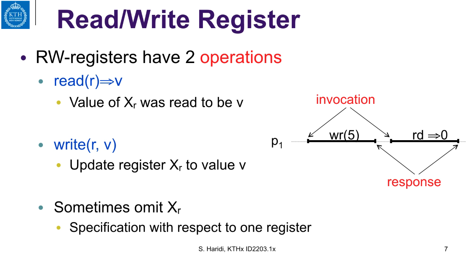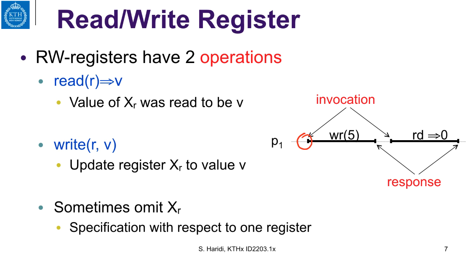In that context, these operations are not atomic. A process that requests to read a value will invoke a read operation, and a process that requests to write a value will invoke a write operation. So if we look at a write operation, in this case at process P1, it does here an invocation of the write.